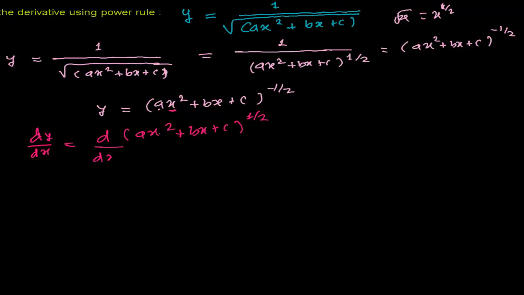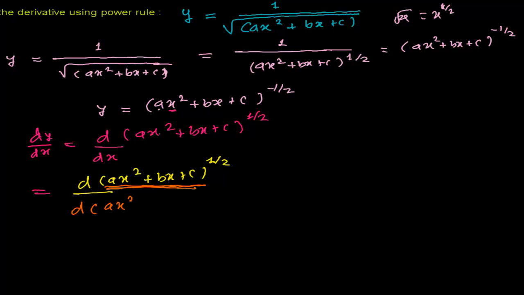I told you, whenever you find the derivative of any function like (ax square plus bx plus c) to the power 1 by 2, we first have to differentiate it with respect to the base of this function, and the base is this whole quantity, in which the power is 1 by 2. So first we differentiate with respect to the base, that is ax square plus bx plus c.